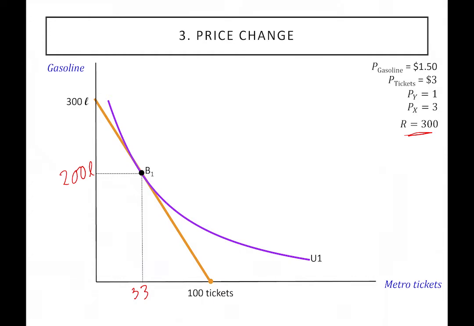Now, what happens if there's a sale on Metro tickets? So it falls to $1.50, but we leave the price of gasoline constant here. This is incorrect. This should be $1, not $1.50.